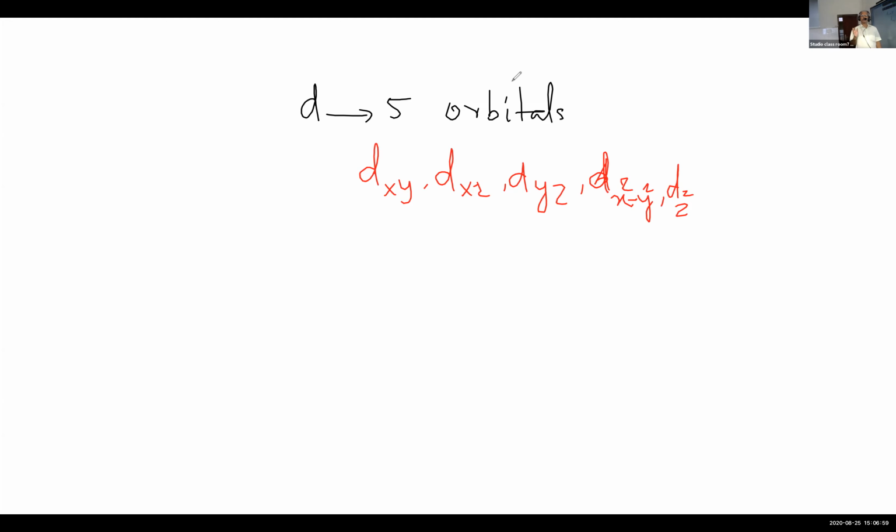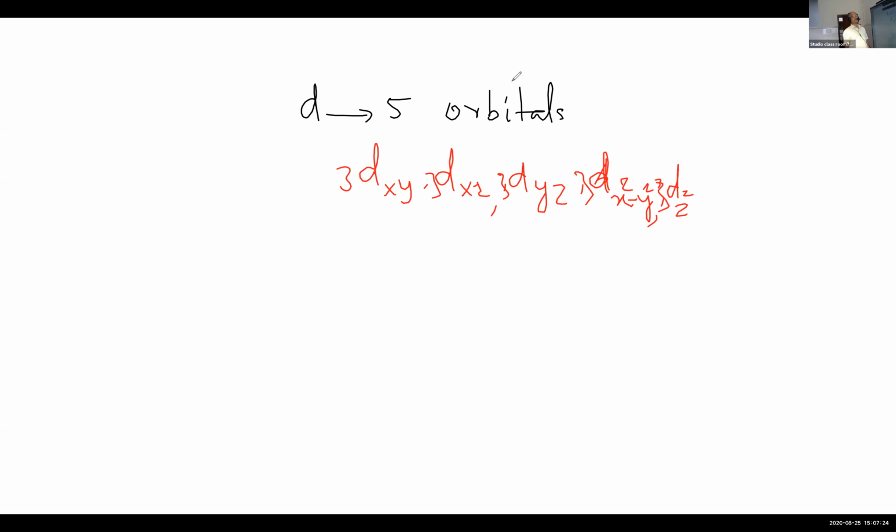Now, the d orbitals begin from which d? Yes, Krishna? 3d onwards. So we can write 3dxy, 3dxz, 3dyz, 3dx square minus y square, and 3dz square.